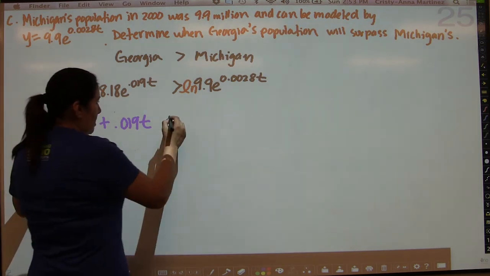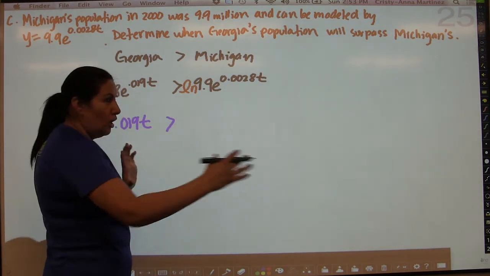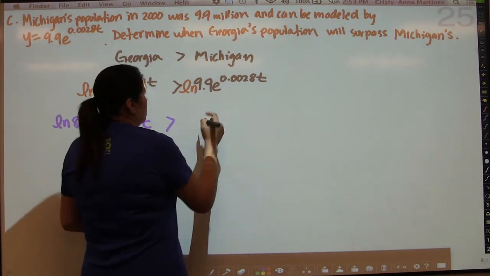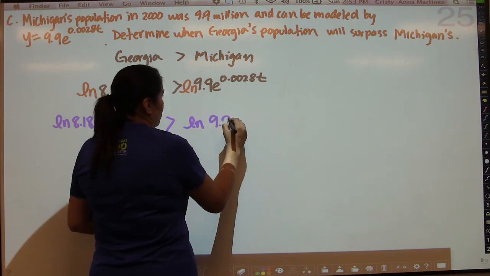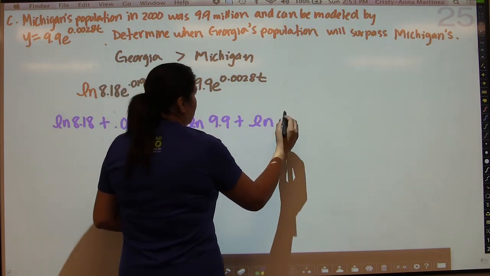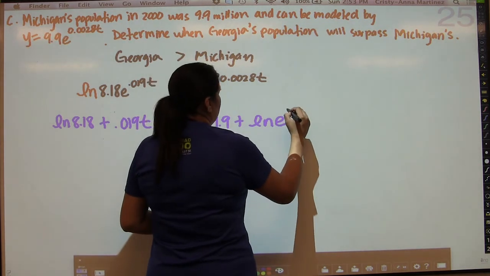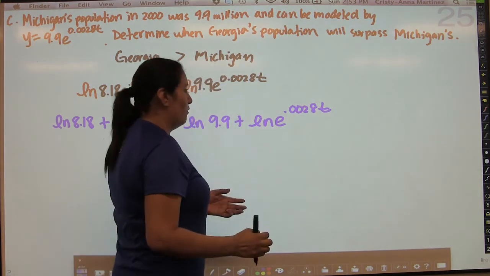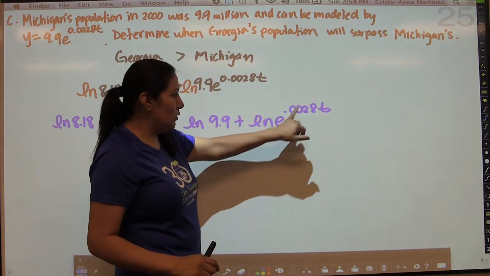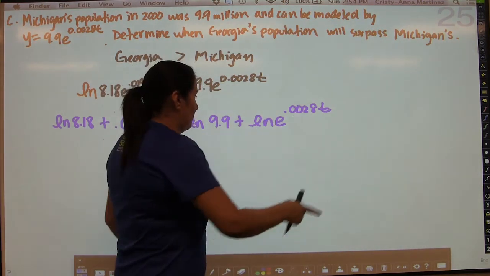Now I'm kind of feeling like you're not following that on this side. So on the other side, I'm actually going to do it the long way so you can see what I'm talking about. Again, this is a product, so we're going to do addition. So ln of 9.9 plus ln of e to the 0.0028t. But we've already done before that when you have the ln of e to a power, the power comes out in front.